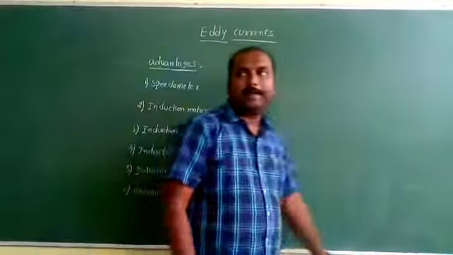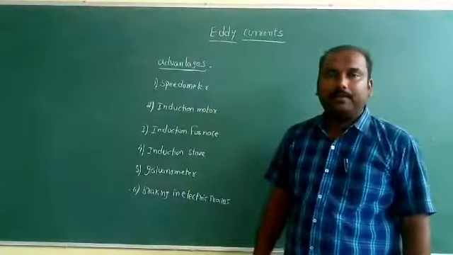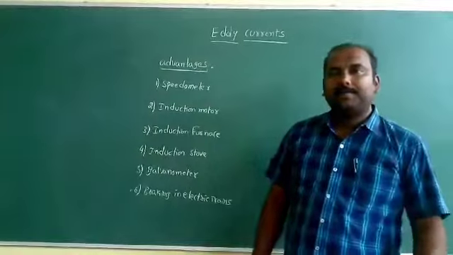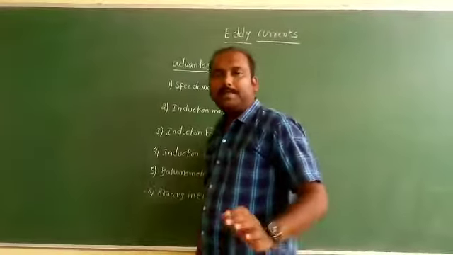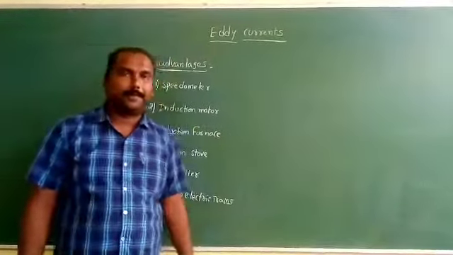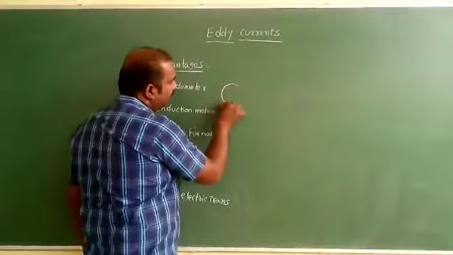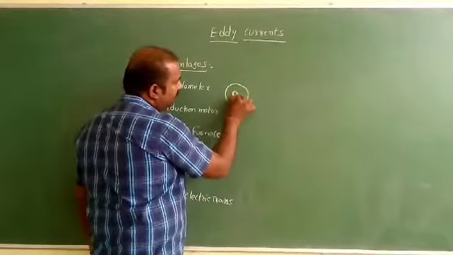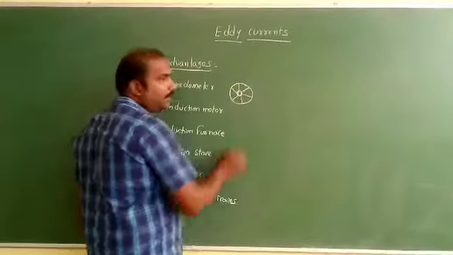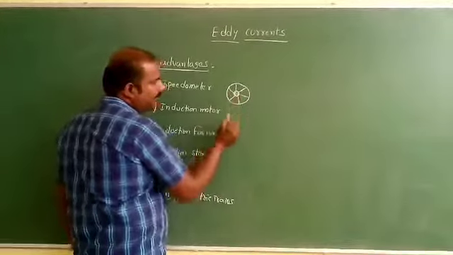How? See, in every vehicle you can see the speedometer. What does it give? The speedometer gives the instantaneous speed of the vehicle. How does it work? In a speedometer, you will find a metallic drum with spokes, and in the center there is an axis.